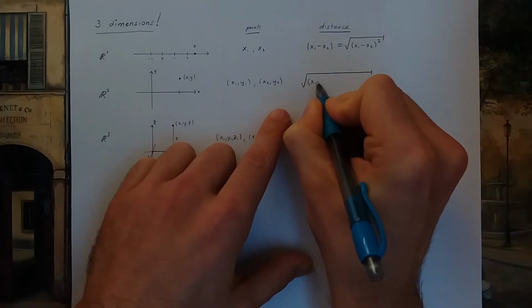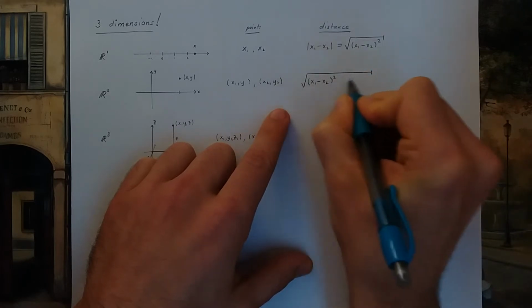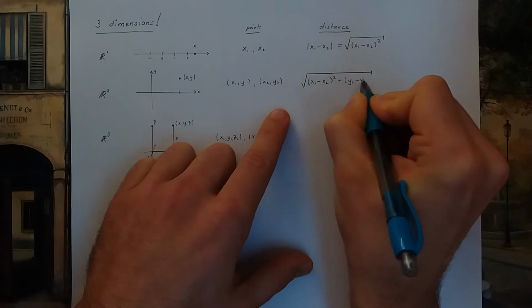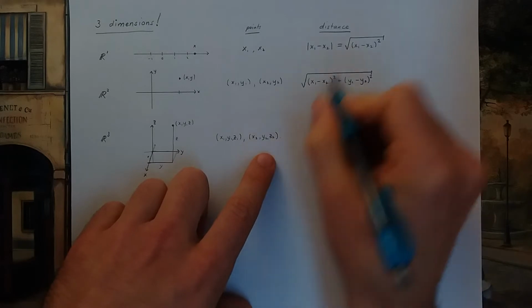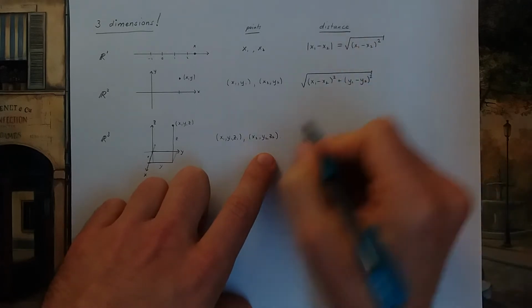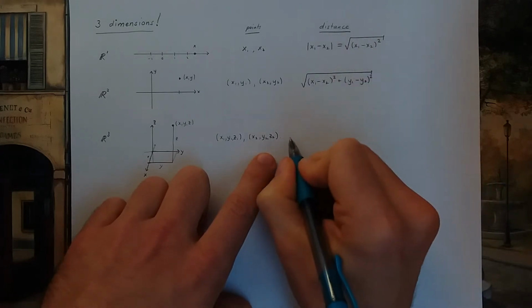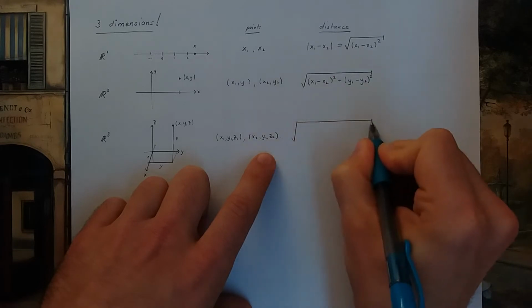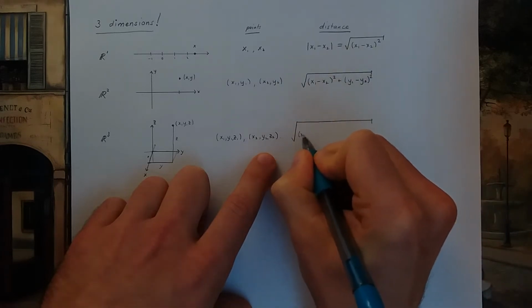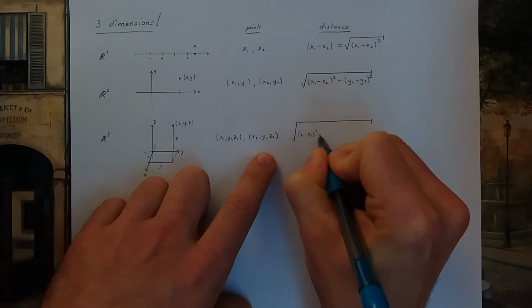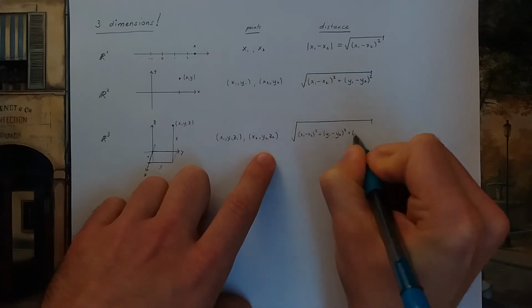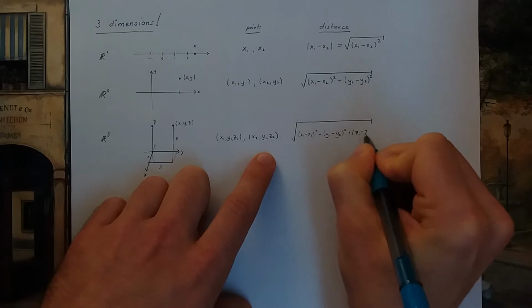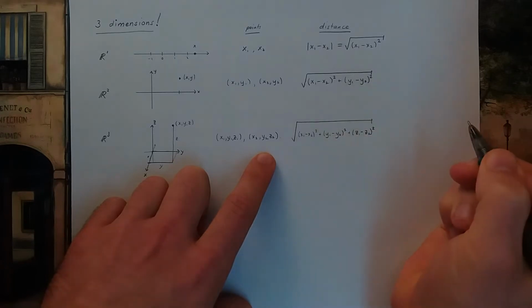That's the square root of x1 minus x2 squared plus y1 minus y2 squared. And then if I'm in R3, I could just write down what you might expect for distance. Distance in R3 is given by the square root of x1 minus x2 squared plus y1 minus y2 squared plus z1 minus z2 squared.